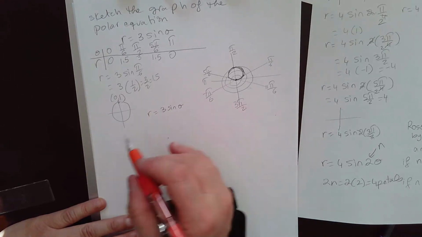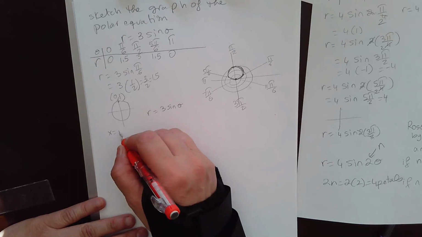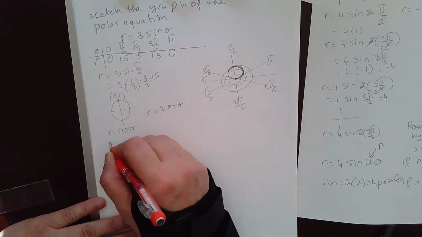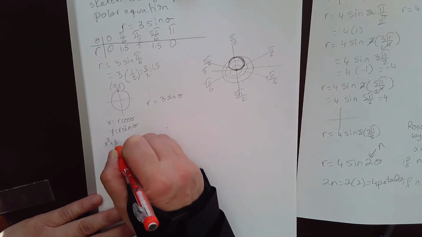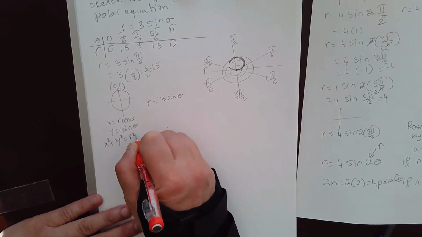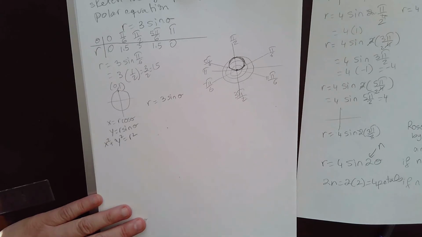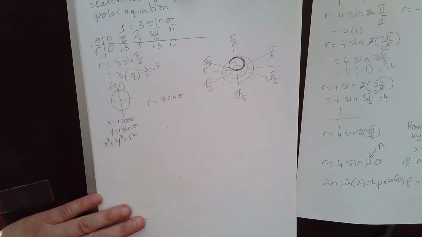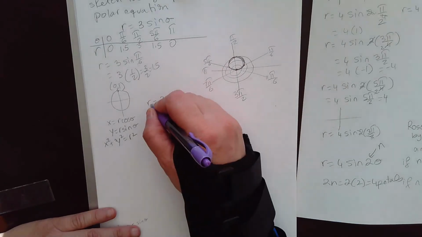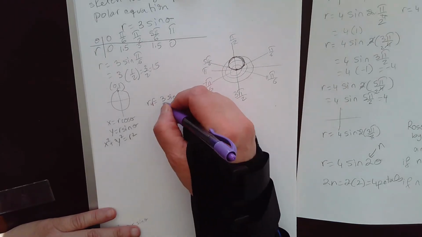If you recall, x equals r cosine theta and y equals r sine theta, and x squared plus y squared equals r squared. And tan theta is y over x. So if I multiply by r on both sides, what am I going to have?